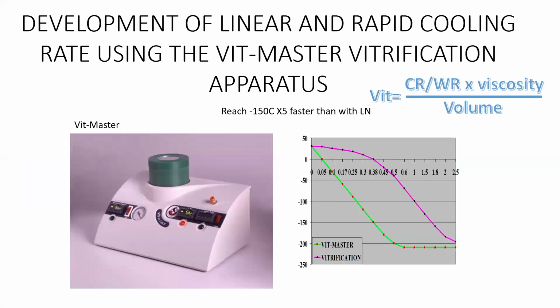Now, as we know, cooling rate and warming rate are the most important for vitrification, and we tried to increase the cooling rate by using this device. We called it VitMaster.